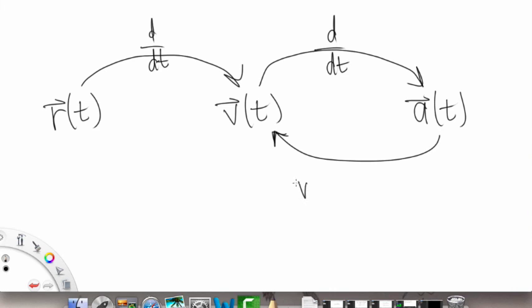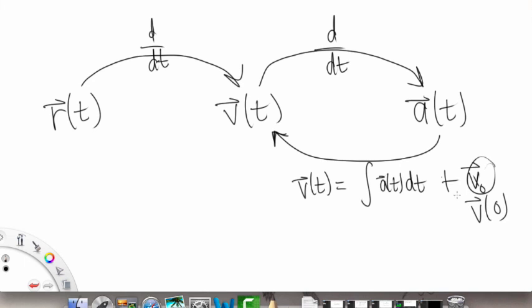You can get v of t from the following formula: the integral of a of t dt, plus v naught, which is v at time equals 0. That's how you get back to your velocity vector.